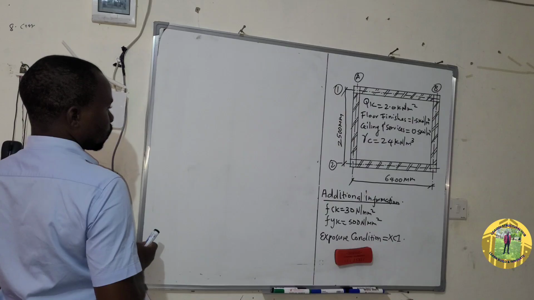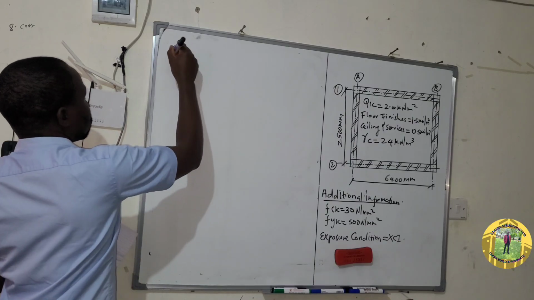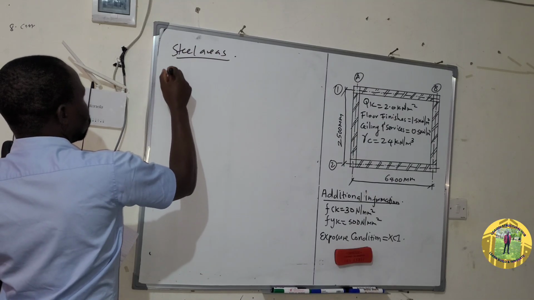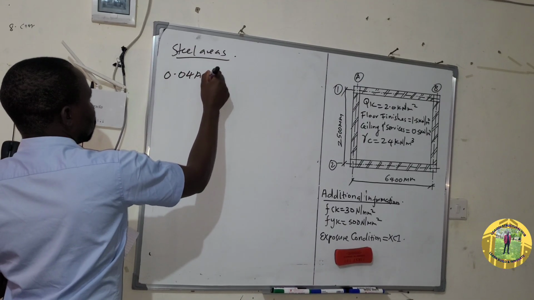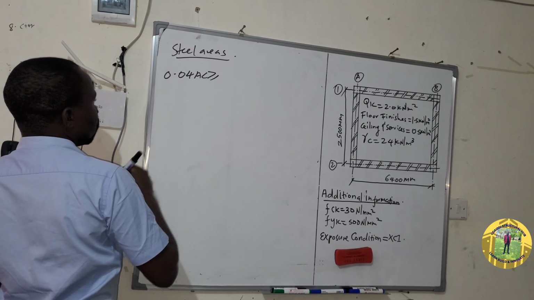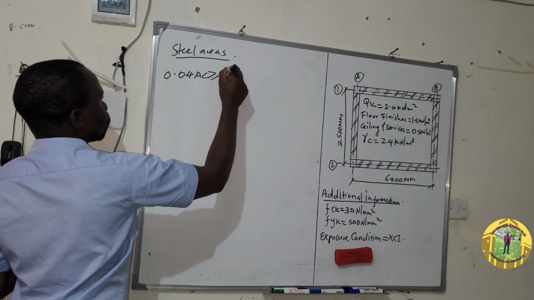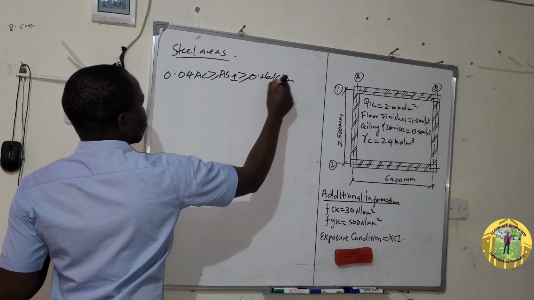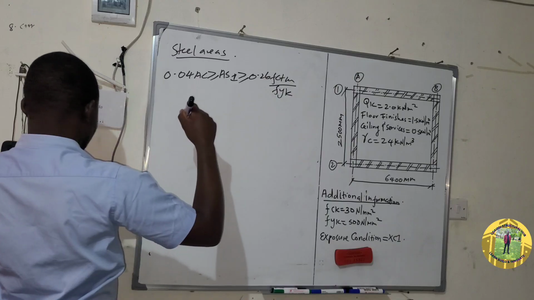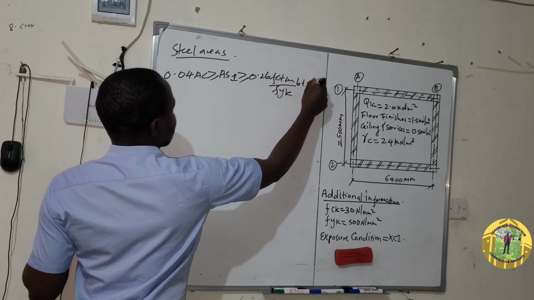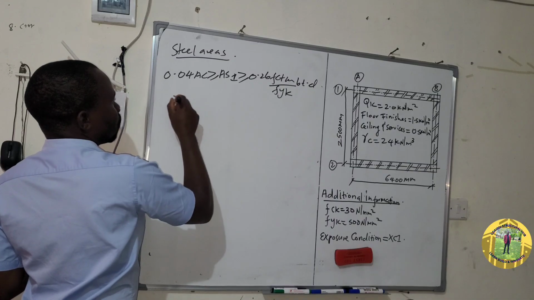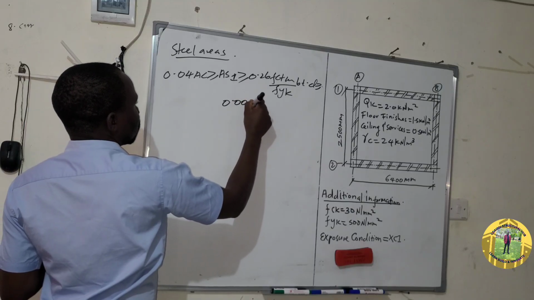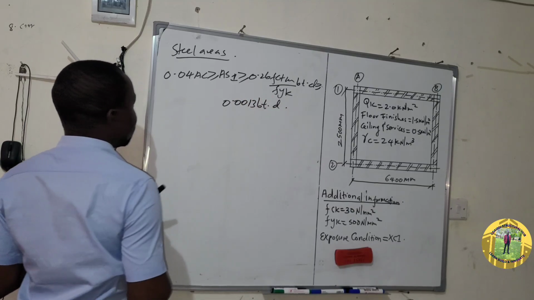So we proceed to steel areas. We know that 0.04 AC must be greater or equal to area of steel 1, and this one must be greater or equal to 0.26 FCTM over FYK BTD, and this one must be greater than or equal to 0.0013 BTD.